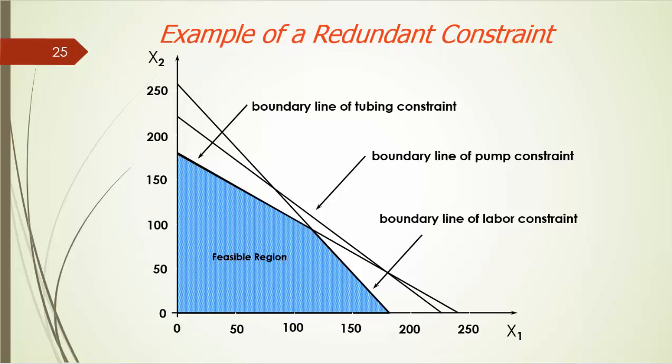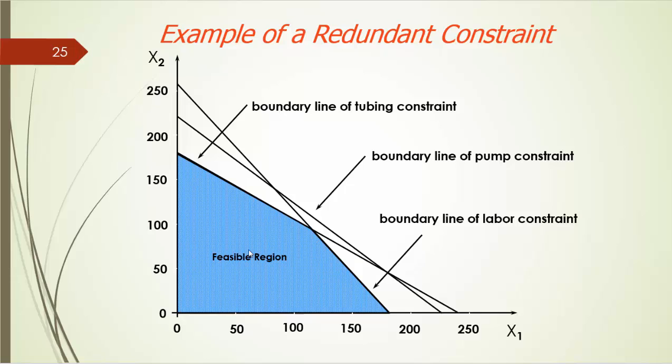A second anomaly we introduce is redundant constraint. Let's say in our Blue Ridge example, it turns out that there are 220 pumps, everything else being the same. The resulting feasible region will look like the shaded area on this graph.